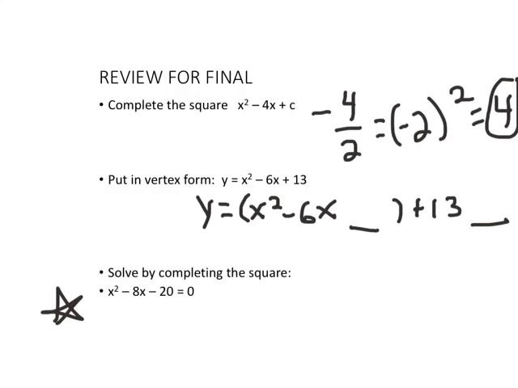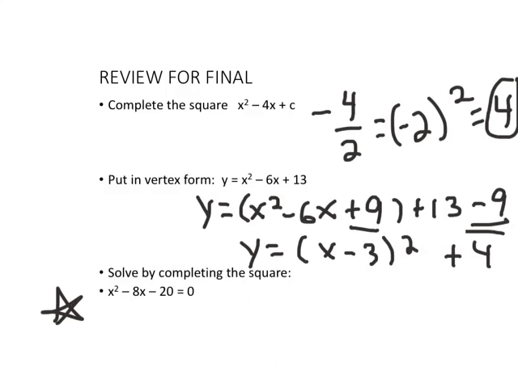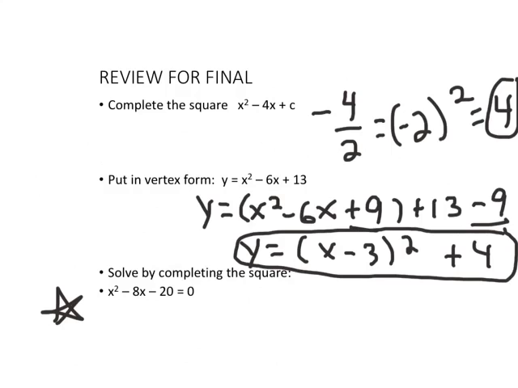Well, you take negative 6 divided by 2 and you square it. You add it in, you subtract it out. Then you go ahead and factor that trinomial, and you're correct, it factors to be x minus 3 and x minus 3. So in vertex form, you would have y equals x minus 3 squared plus 4.